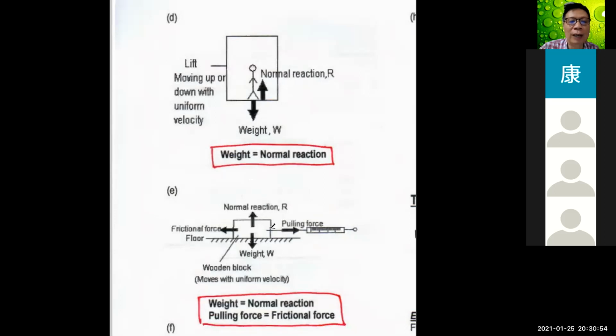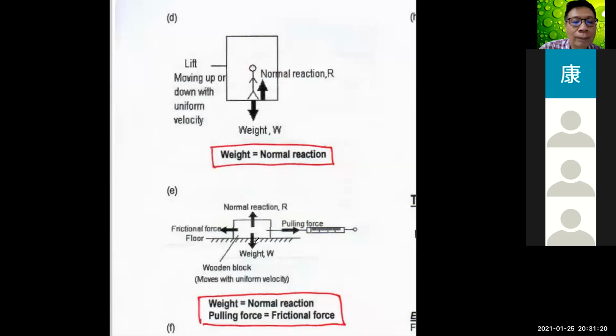When it starts to move, you have friction going in the opposite direction. So there are four forces. Weight will be the same as the normal reaction, so they cancel out. Whereas the pulling force will be the same as the frictional force. Weight cancels the normal reaction, pulling force cancels the friction, all cancel already.